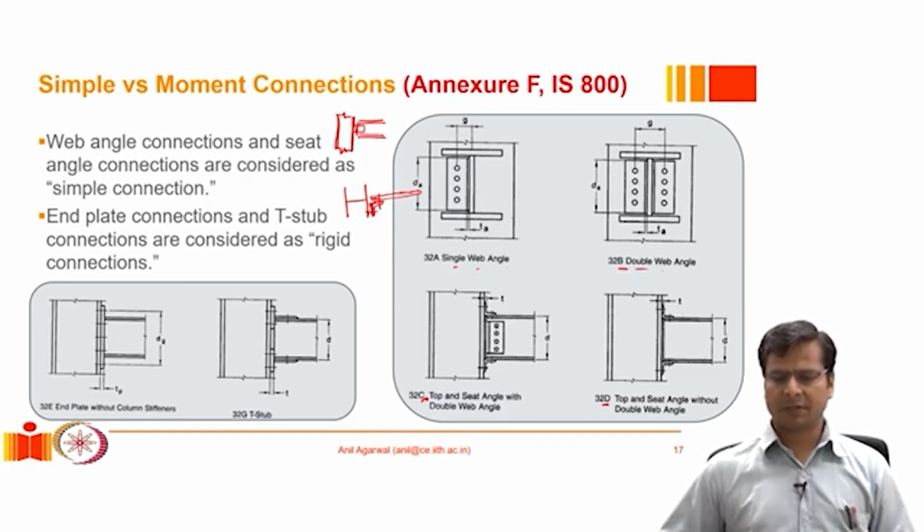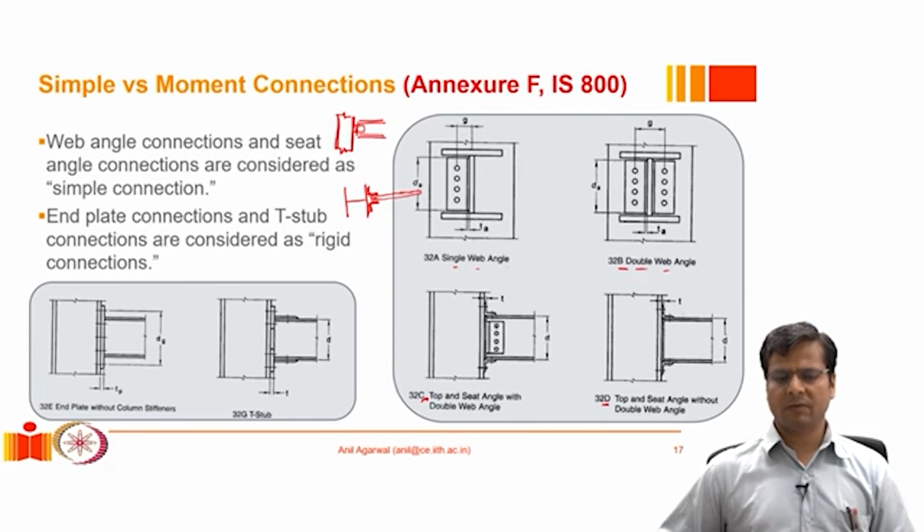Another variation of this connection is the double web angle connection. It is basically the same type of connection, but the single web angle connection allows some eccentricity of the load, because I am tying the web only from one side, not from both, and it may lead to some twisting, or the force demand may be too high and we want to use these bolts in double shear.